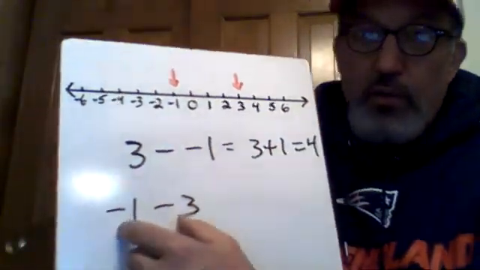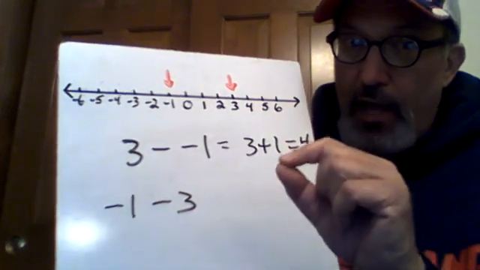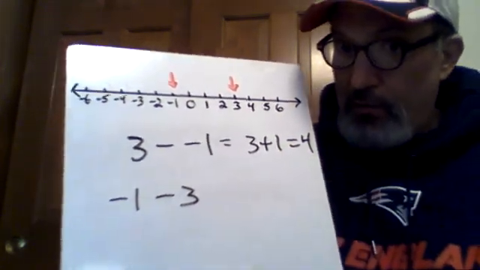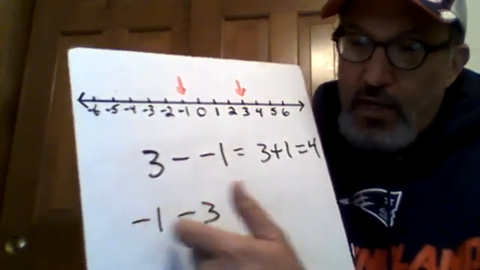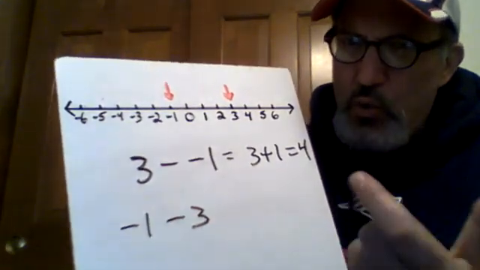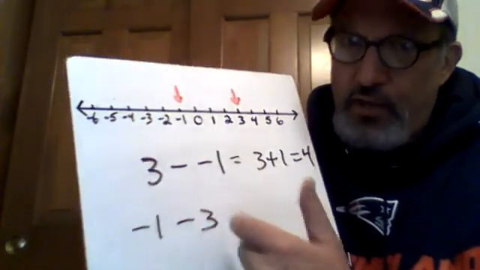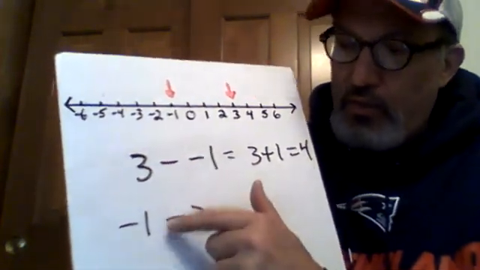Now, at this point, you should be able to realize, without me having to rewrite this, I am going to rewrite it, but you should know that this is -4. -1 minus 3. This is kind of the new thing about subtraction, one of the things that might be challenging. This result is -4. It is equivalent to -1 plus -3.